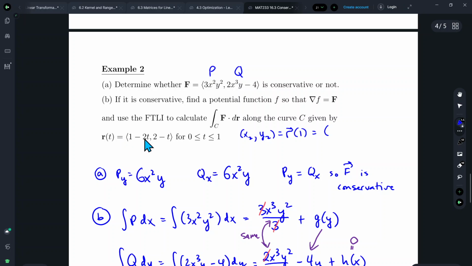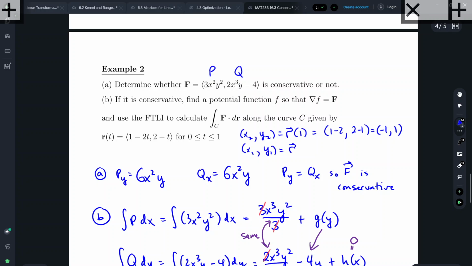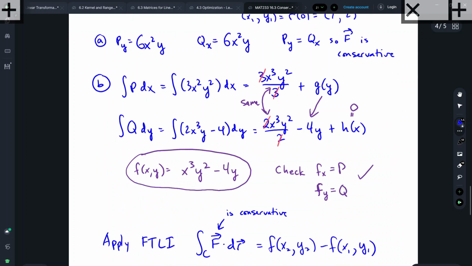What is this? 1 minus 2, and then 2 minus 1, which is negative 1 comma 1. And then for x1, y1, you plug in 0, which is 1, and this is just 2. So negative 1, 1 and 1 comma 2.